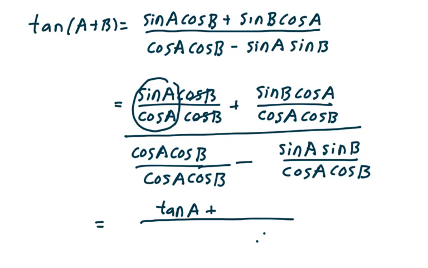Now, the cosine A's cancel, and sine B over cosine B is tangent B. And then the cosine A cosine B over cosine A cosine B cancel, and we get 1. And then over here, sine of A over cosine A is tangent A, and sine B over cosine B is tangent B. And we just got ourselves a new identity.